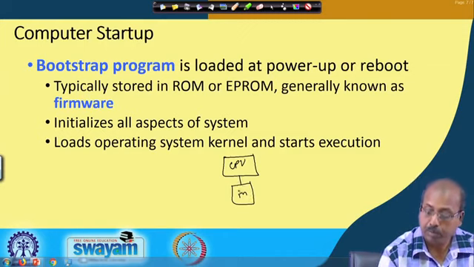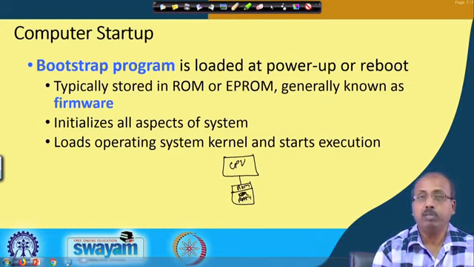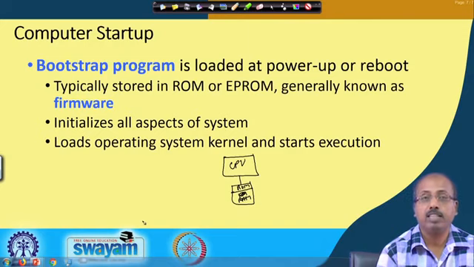A part of the memory is called read only memory or ROM, and another part is called RAM or random access memory. Now, the point about read only memory is that the content is not lost even if the power is off.